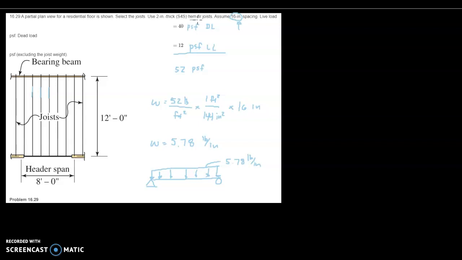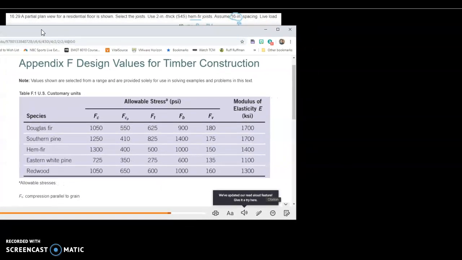So I have hem fir, so I need to look up in the appendix what the allowable bending stress of hem fir is. So I've got appendix F right here. We're dealing with hem fir. So we have FB, an allowable bending stress of 1000 psi. And what else are we going to need? The allowable shear stress is 150.